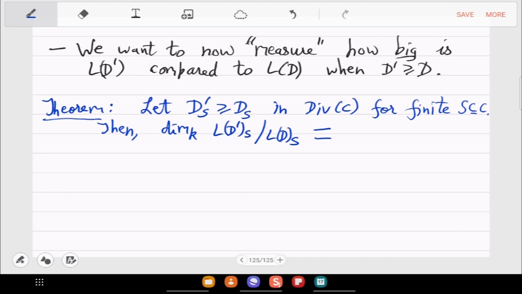This will be given by the degree: degree of D prime|S minus degree of D|S. So in a way, the more points you add in D prime over D, for every point the dimension grows by 1. Okay, so per degree this L(D,S) sheaf is growing by dimension 1. This is what we want to show.